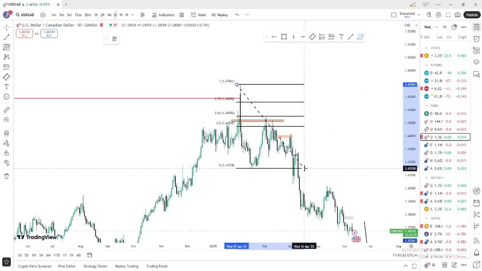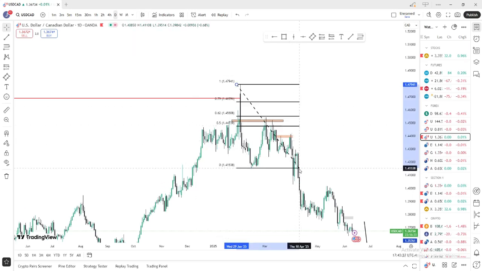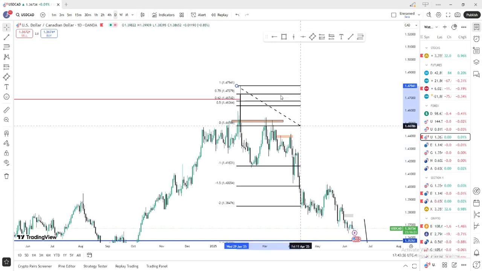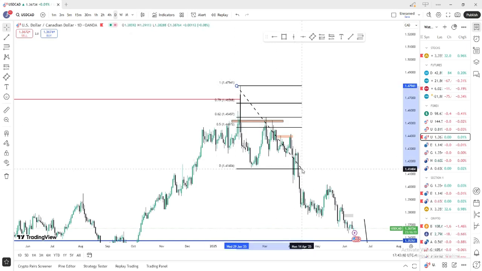Swing high, swing low. Let me take this off. Swing high, swing low. If you want to look for sales, you look for swing highs and swing lows, then you can draw it. Once you plot this there, then you can now drag this here.